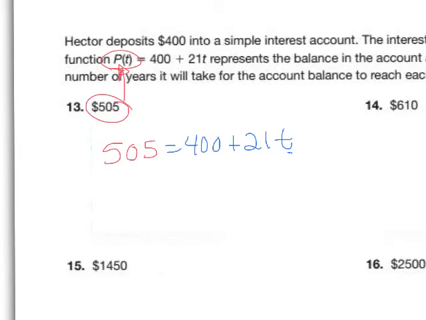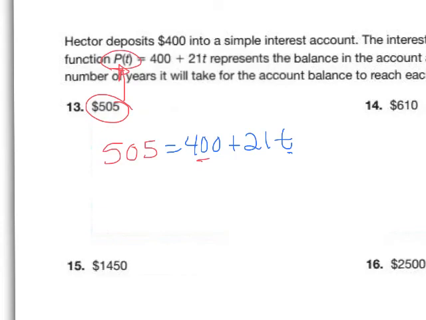So basically, we need to make $105 profit or interest. So from 400, we want to get to 505. How is this going to become 105? Well, looking at this number, I can kind of guess it's 5 years because 5 times 20 is 100, and 5 times 1 is 5, so that's 105. So t would be 5.